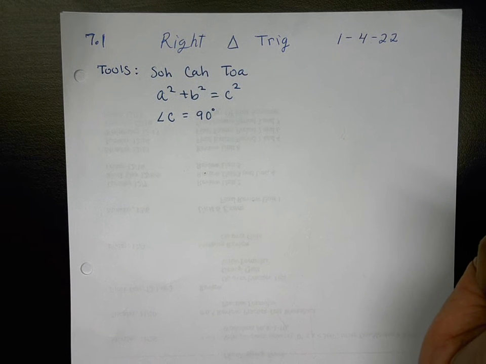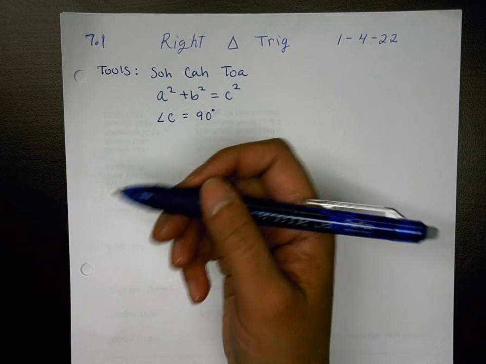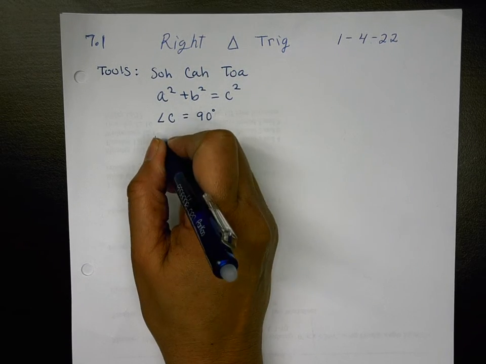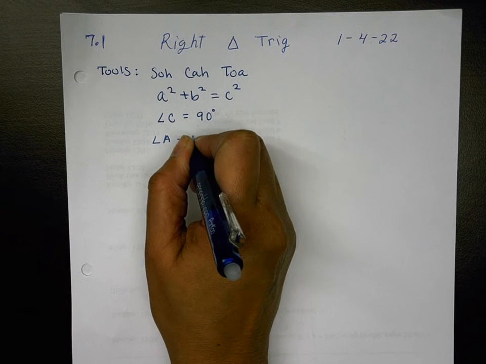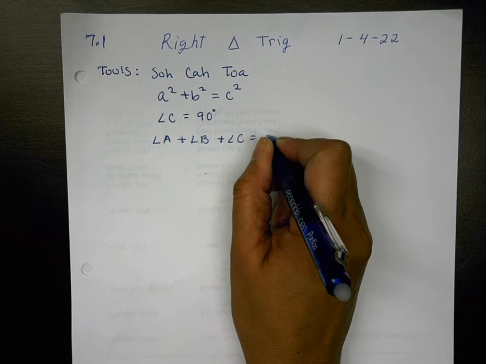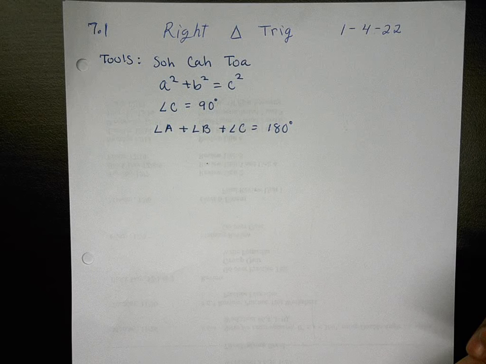And your next one is something that's true for all triangles, and it's that the sum of your interior angles is 180 degrees. So we're going to write that like this: angle A plus angle B plus angle C equals 180 degrees.